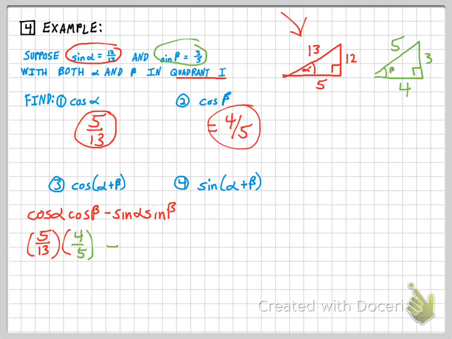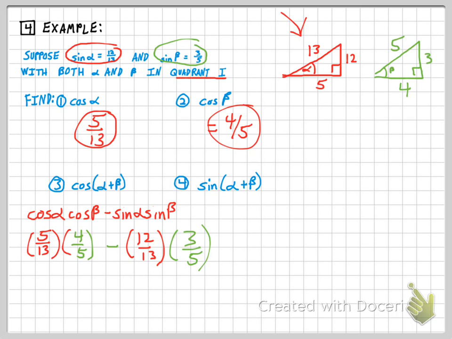Okay, and then I have sine of alpha. That's going to be the sine in that picture, which is 12/13. And sine beta, I'll put that in green too, since we're talking about the beta angle, and that's going to be 3/5. Right, so all those values right there come from your picture.